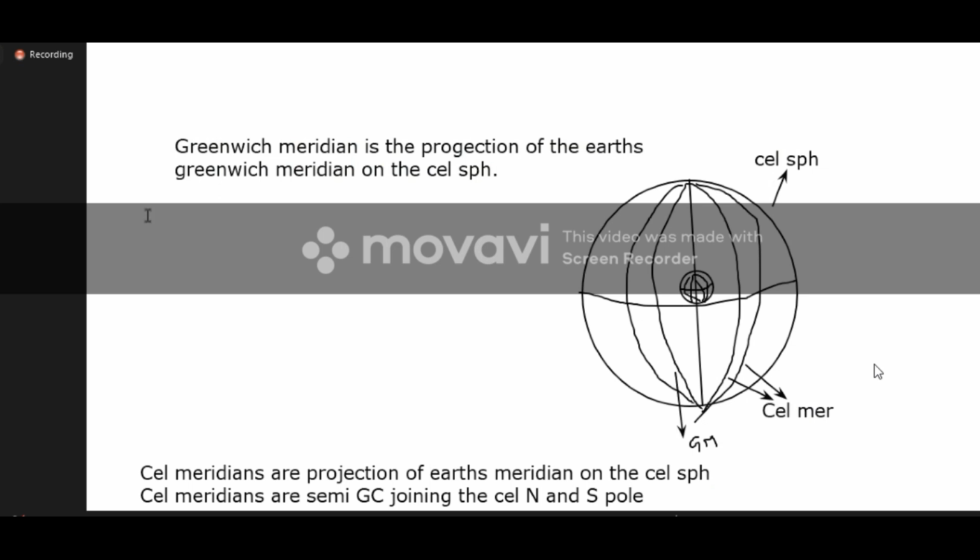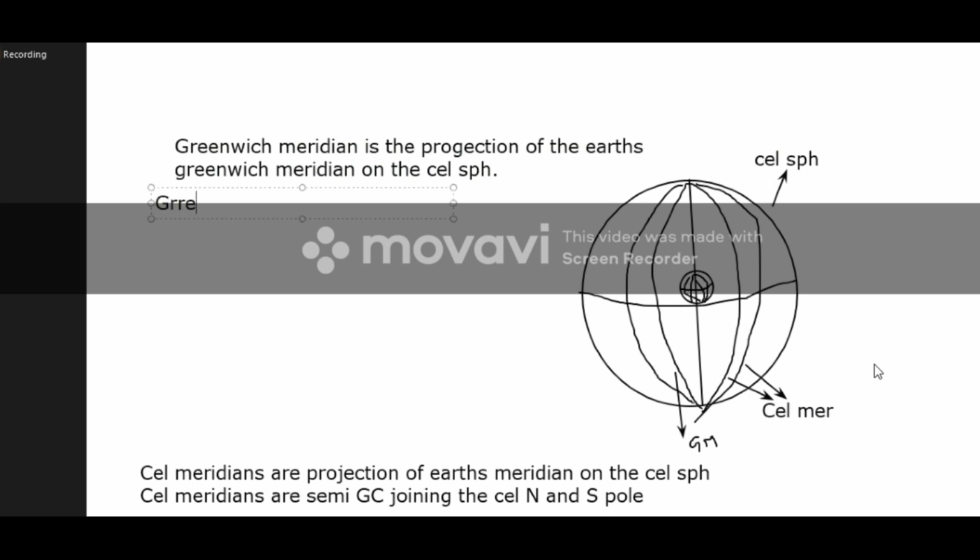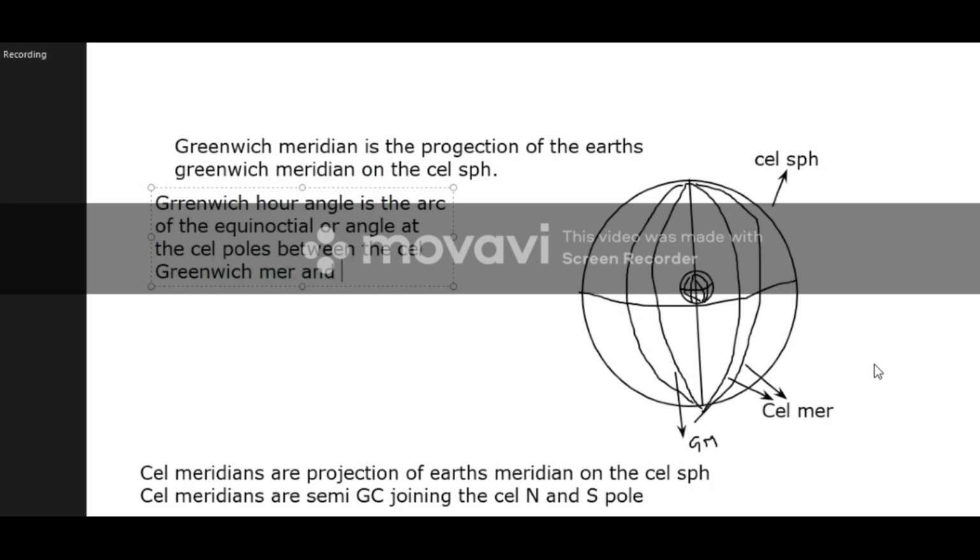Then we come to Greenwich hour angle. Greenwich hour angle is the arc of the equinoctial or angle at the celestial poles between the celestial Greenwich meridian and the celestial meridian passing through the body.